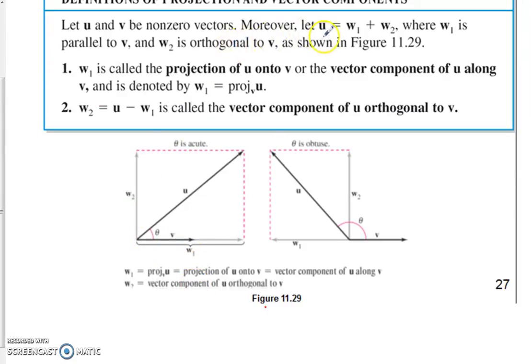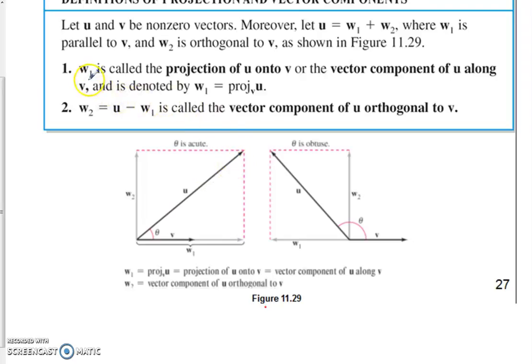So we've got U is a vector here, V is a vector here, and W1 and W2 will add up together to be U. So if I took W2 right here and placed it at the tail, if you would, of W1, it would go straight up here, and together they'd be the components of U.